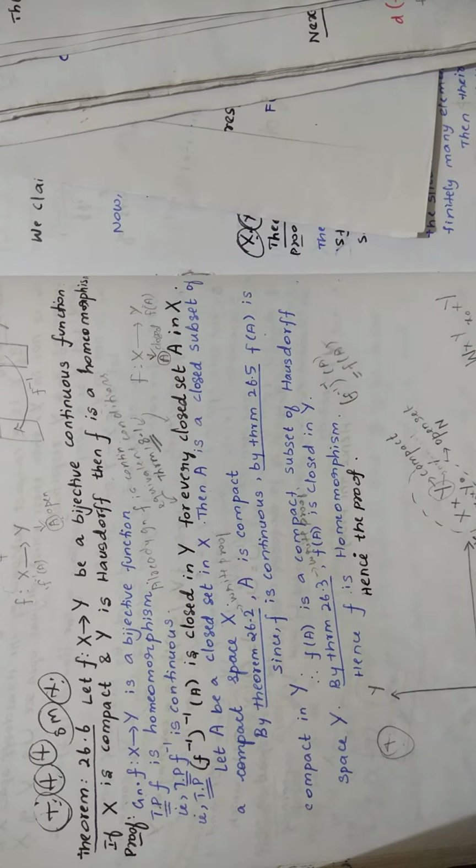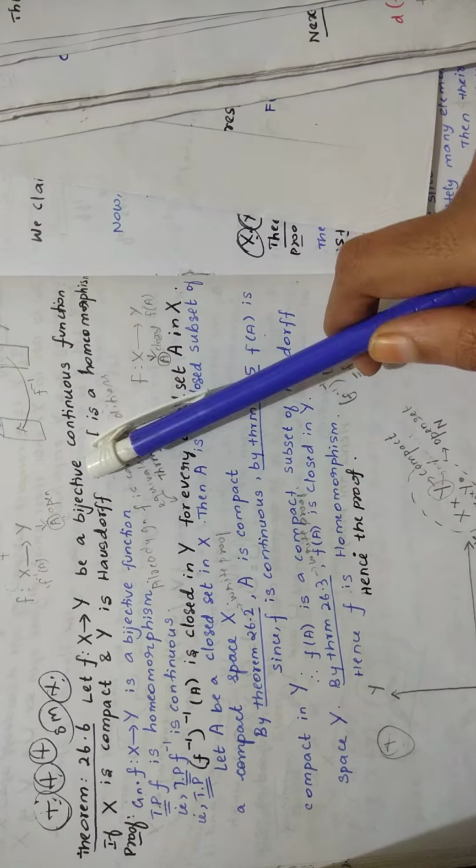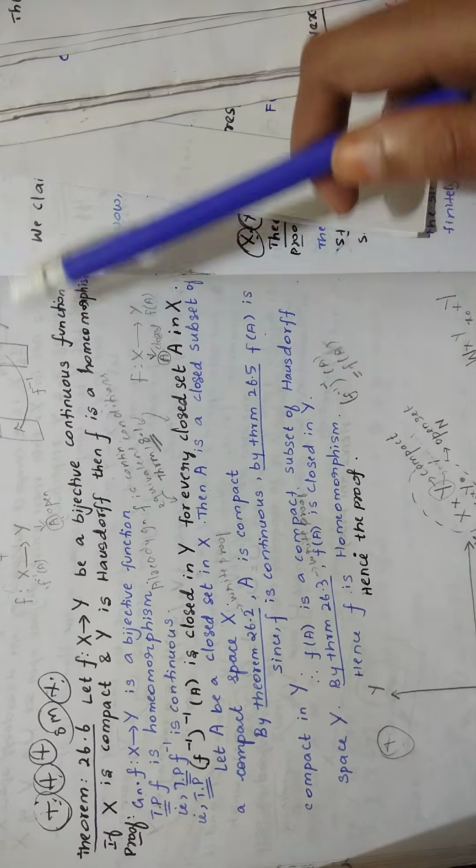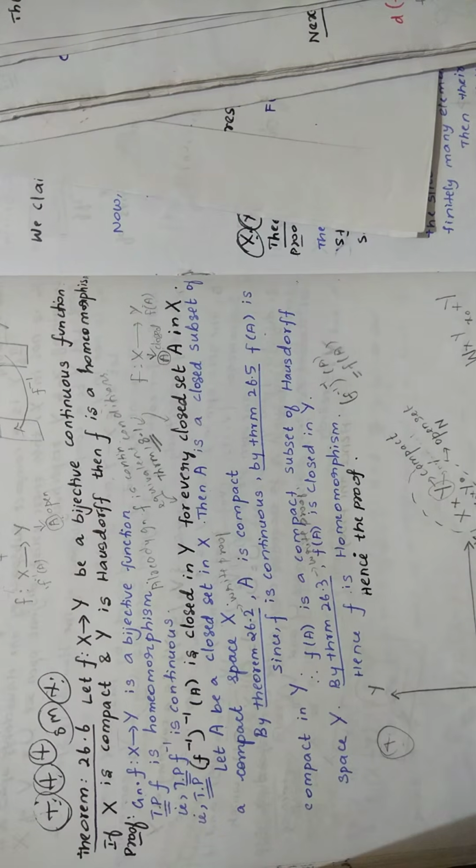The reason is that in the statement itself they have given you that f is a bijective and continuous function. So you have no need to say f is continuous again. That is why here you have to prove only that f inverse is continuous, because you already have f continuous.